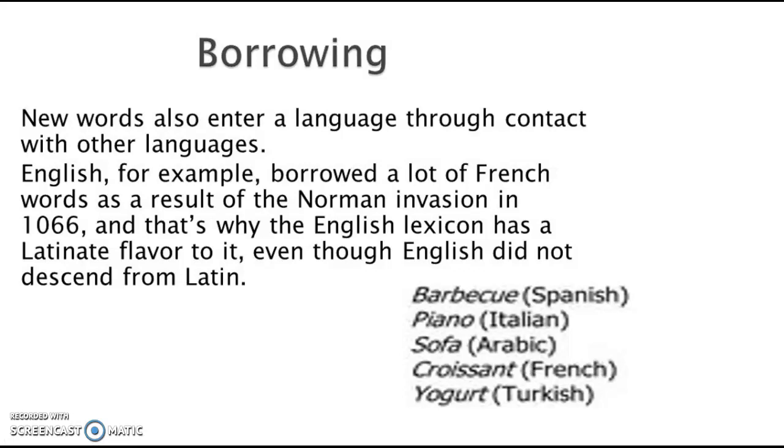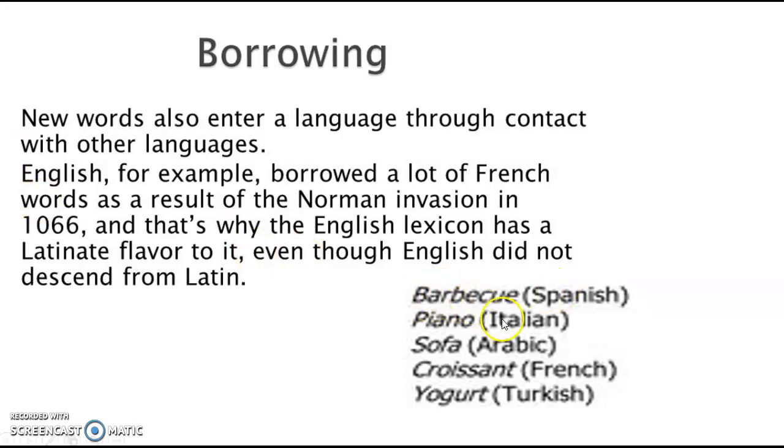For example, France, for example, Romans, and they entered some terms, some words into the English language because of the invasion. English, for example, borrowed a lot of French words. Do you remember that we talked about this? That some law terms are taken from French words and entered into English, so that happened.